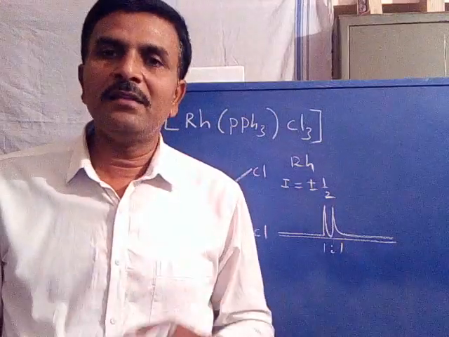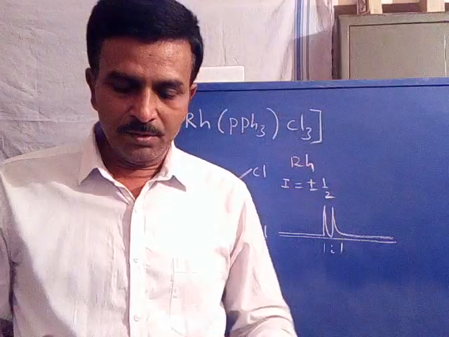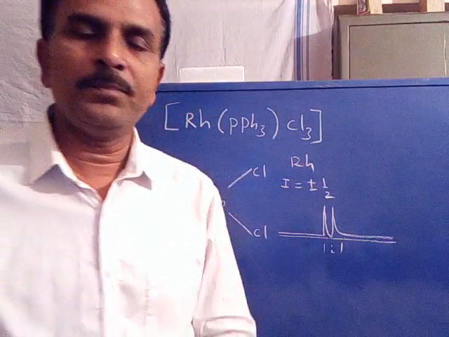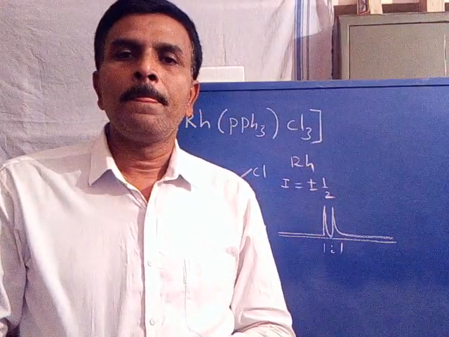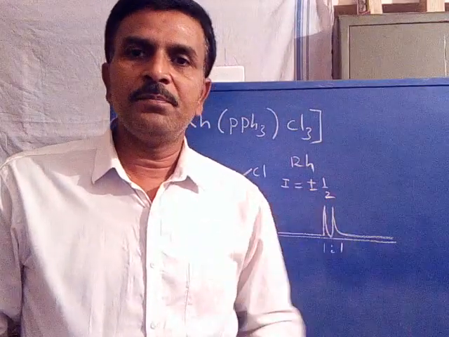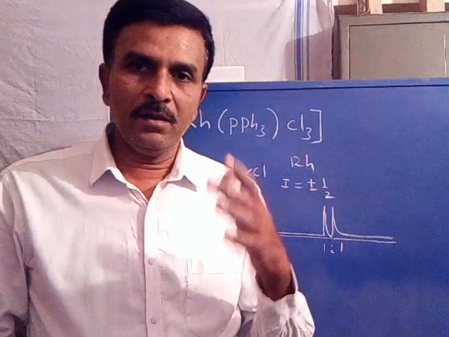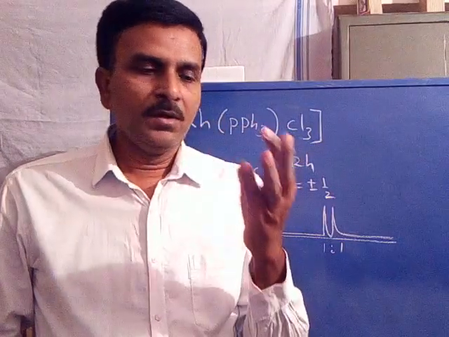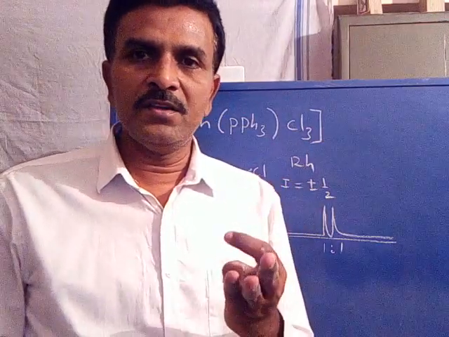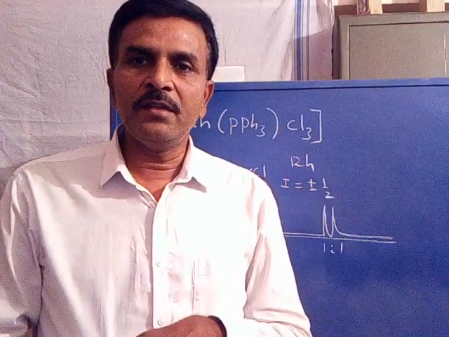So these are the 9 or 10 examples included in your syllabus. Those examples were discussed only for their phosphorus NMR spectrum. So with this, the phosphorus NMR spectroscopy topic is completed. It is a smaller topic, which includes principle, absorption frequency, coupling constant, followed by its application to specified examples included in the syllabus.